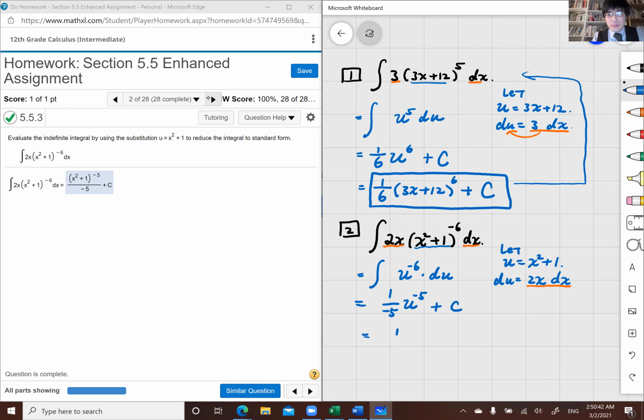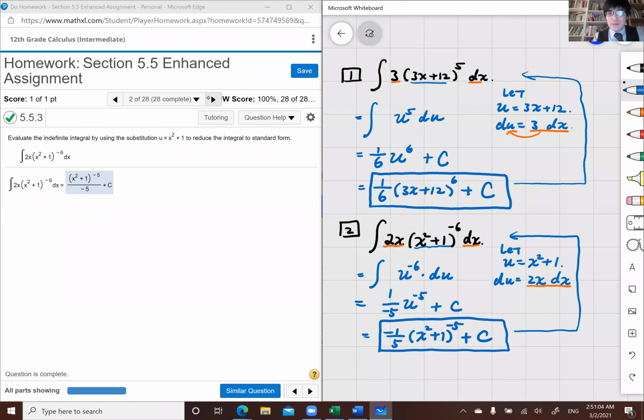Don't forget to put back into the expression in terms of x. So u is x squared plus 1. So it's going to be negative 1/5 times (x squared plus 1) to the power of negative 5 plus c. Again, make sure to check your answer by differentiating this.